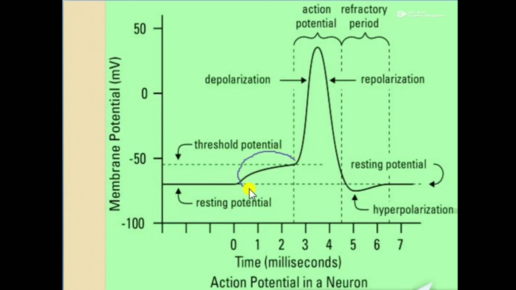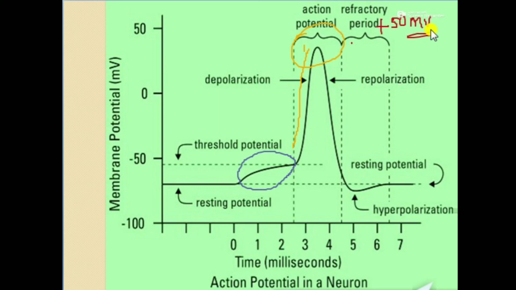When the information went into the threshold level, all the sodium channels suddenly open and that causes depolarization. And that's how this action potential will form. We know that when they reach plus 50 millivolt, they show the action potential. That means when the information reaches, the whole scenario will change.